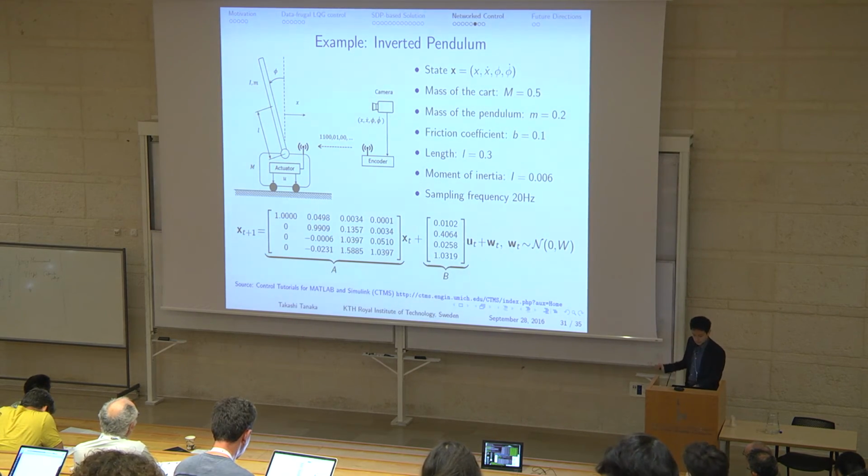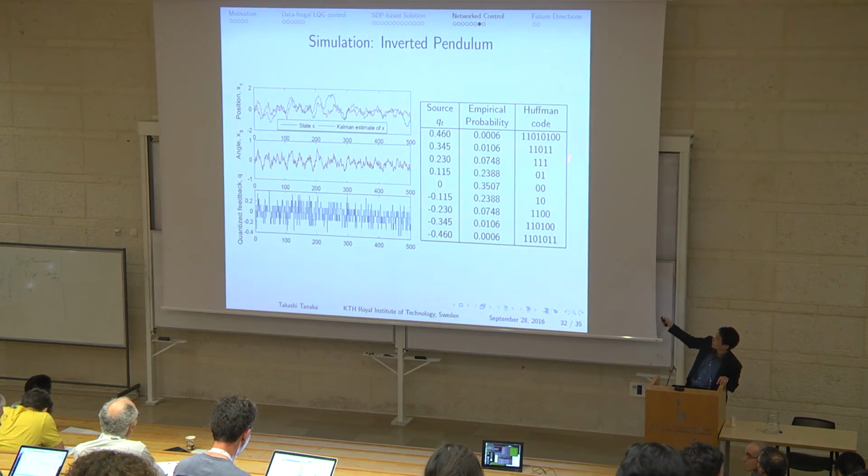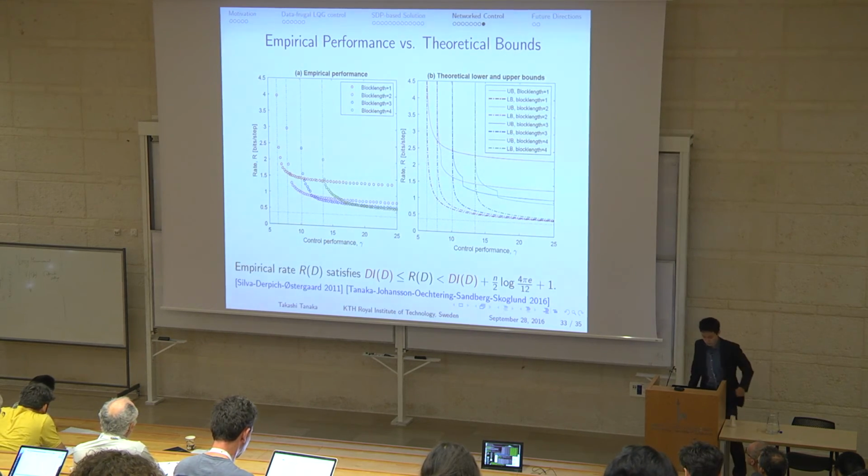And if you do this design, this is a code word designed based on Huffman code, and this is the feedback signal. And if you run this simulation, essentially this plot is showing that our prediction is correct.